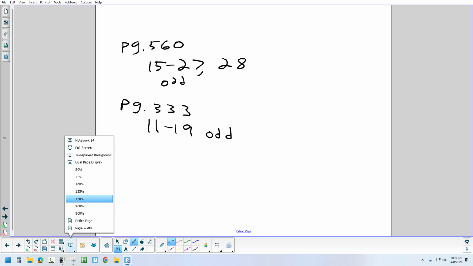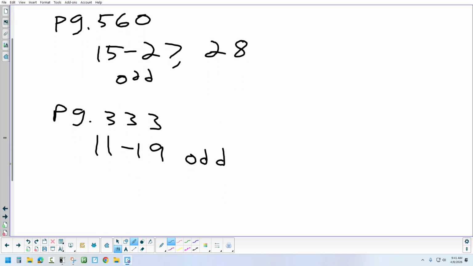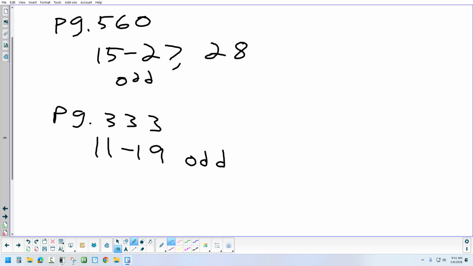Okay, so homework for tonight. The page 560, that's on the multiplying and dividing complex numbers. The 15 to 27 is odd. 28 is the only question for tonight. The page 333, that's on graphing. I think each question has 3 parts on the 11 to 19.